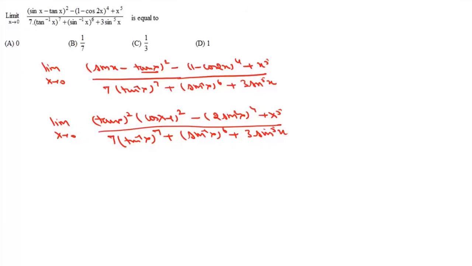Now what we'll do is we'll divide everything with x to the power 5. So we can write this as limit x tends to 0.